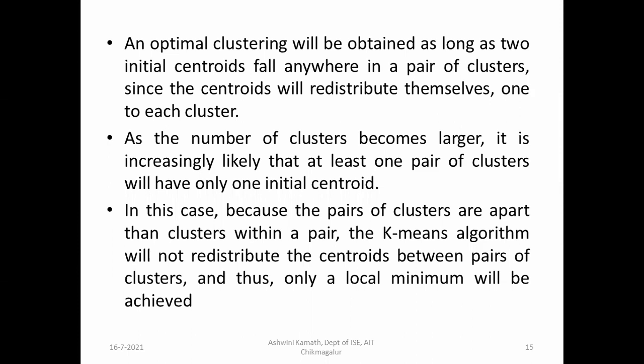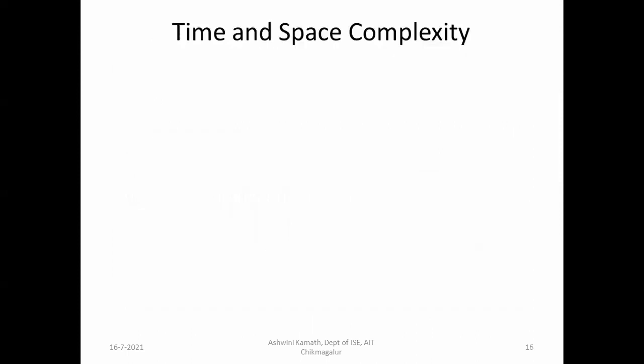So it will calculate only a local minimum value for the centroids. Okay, so that is what happens when the centroids are not selected properly when we have pairs of clusters. So only a local minimum we can calculate.